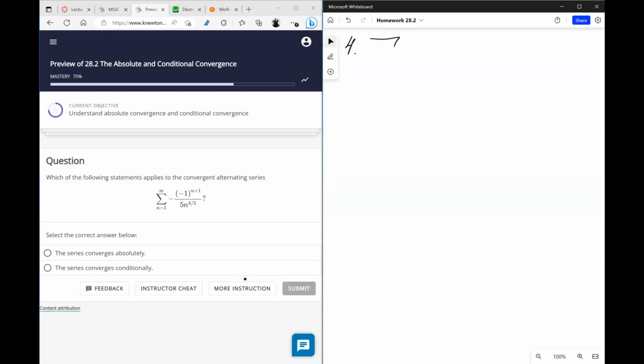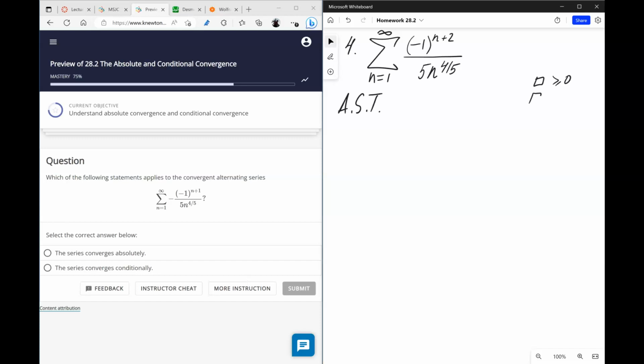Another problem. Because we have a negative there, I'm just going to throw that negative inside of the alternating sign term. This is an alternating series, so we're going to set up the alternating series test first.